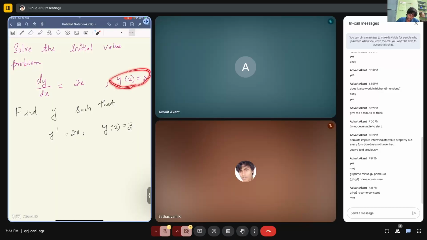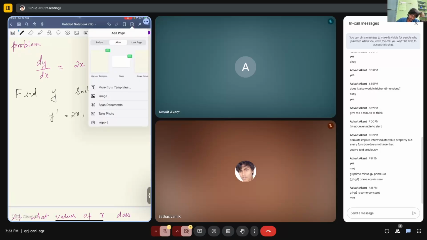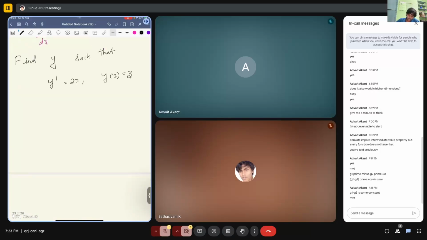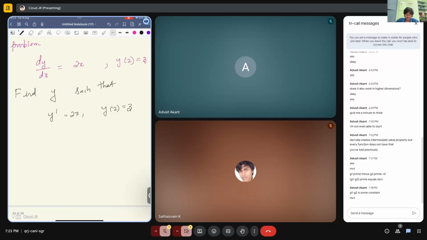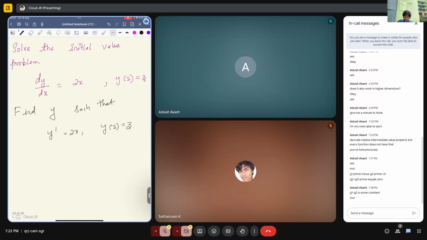You will see why we needed it, but let's try to find it. What you want to find is a function y such that if you take the derivative, it will be 2x. We haven't done the indefinite integral in class. If you have done mathematics in 11th and 12th, then you know the integral of this, but since we have not done it in class, I will not use any of those formulas.